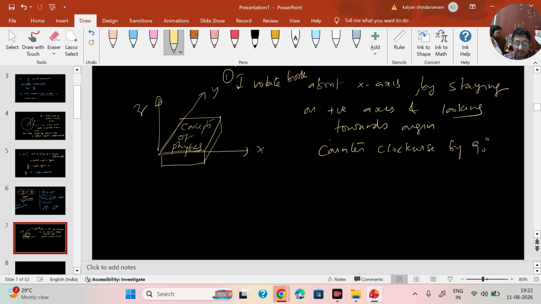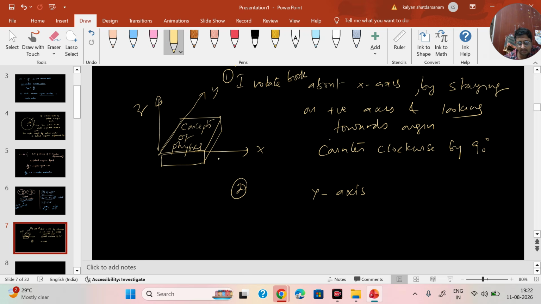First I will do this rotation, then I do the same kind of rotation about the y-axis. I stay on the positive y-axis, I look towards origin and rotate the book 90 degrees about the y-axis. So let's do this.